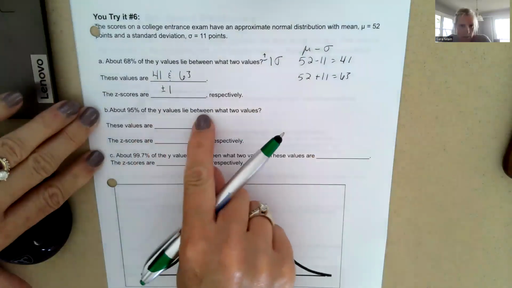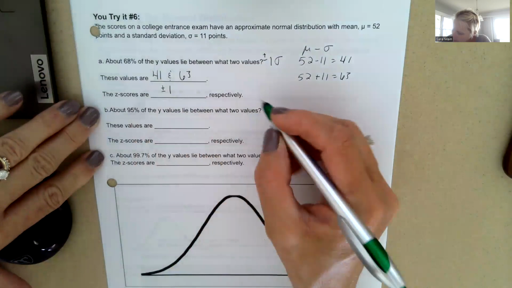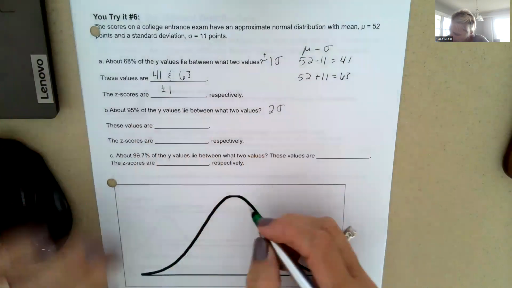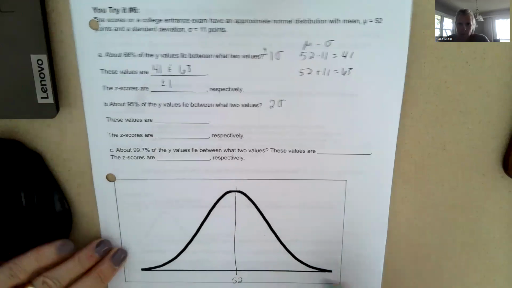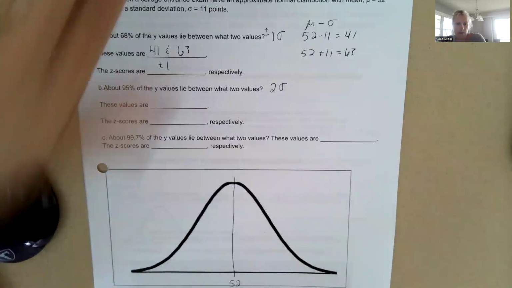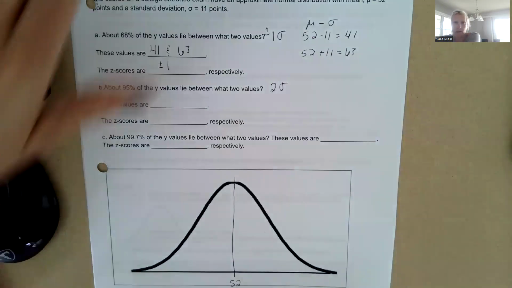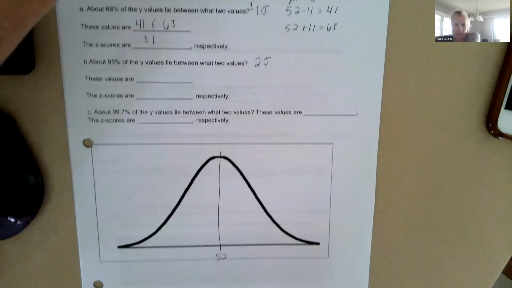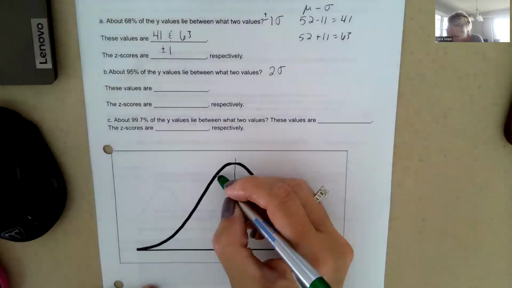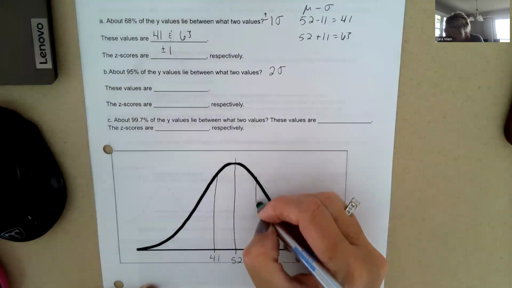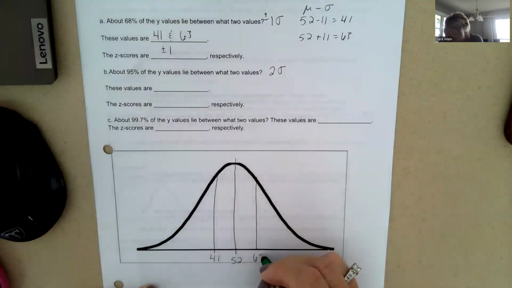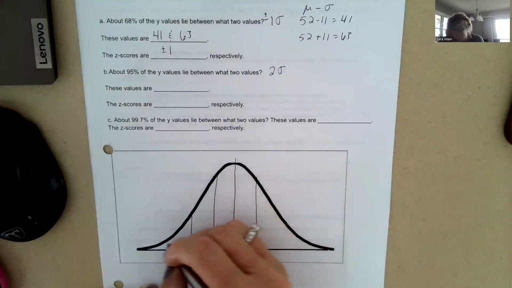About 95% of the Y values lie between what two values? So those are going to be 2. So let's kind of draw a picture as we go. Our mean is at 52. Here's our first one at 41 and 63, and then we're going to have our second and our third.